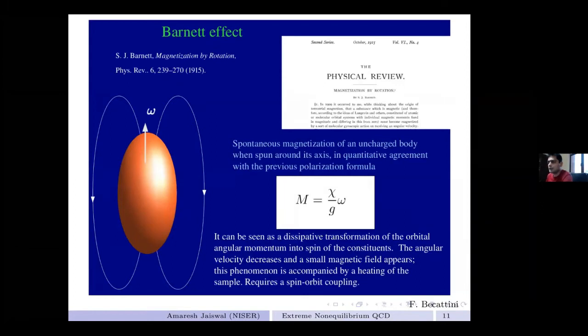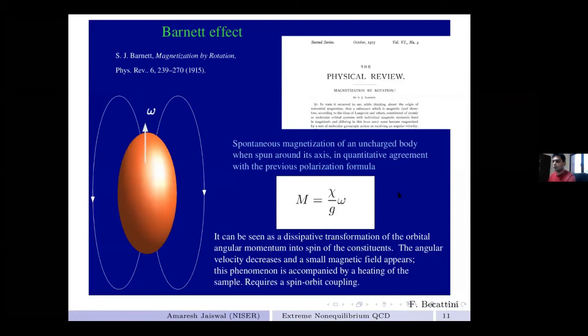This dates back to the 1915 Barnett effect, where Barnett showed that one can obtain spontaneous magnetization, this magnetic polarization, of an uncharged body by simply rotating the uncharged object at large velocities. Okay. And this magnetization was also found to be proportional to omega.